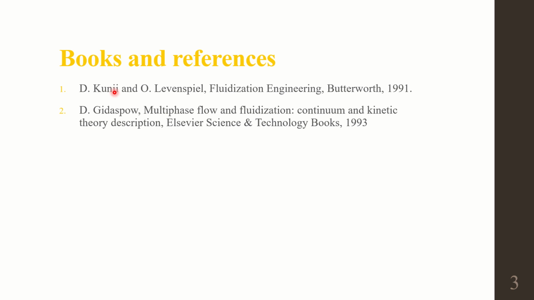We call it the kinetic theory of granular flow, or KTGF, and use it to treat the solids as a continuum. This book basically covers all the aspects of that description of the solid medium.